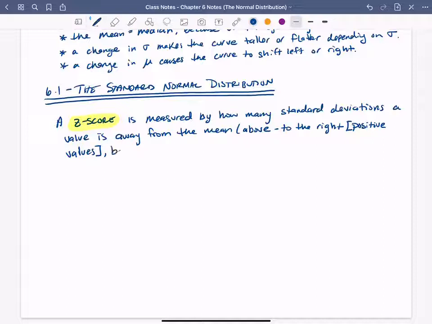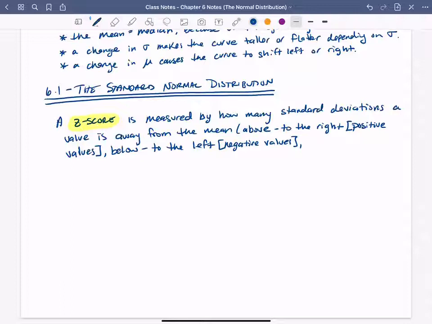Then we can be below. If we're below, that means we're to the left, and that means we're going to have negative values. The last thing is, since you could be above the mean or below the mean, we're talking about positive and negative.